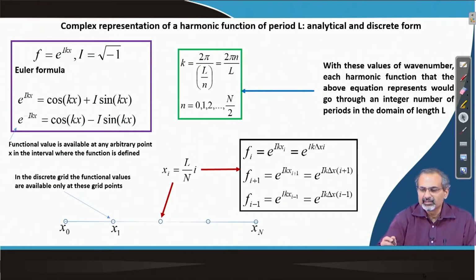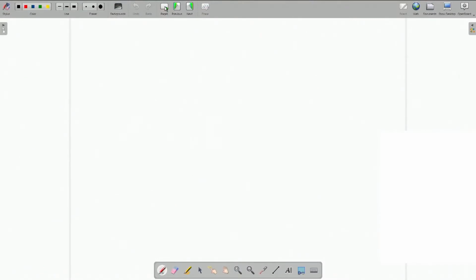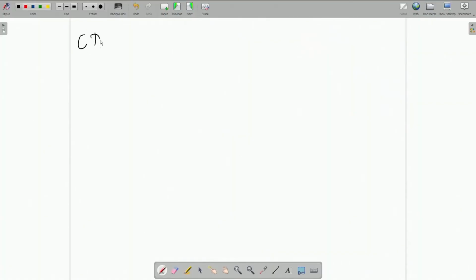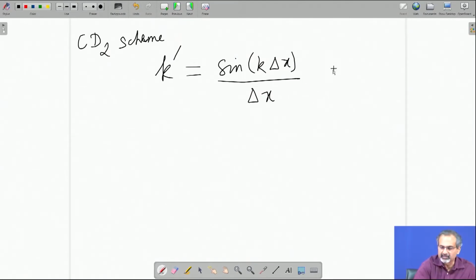So, just to recall, we will write the expression for the modified wave number once more for the CD2 scheme. We found last time that for the CD2 scheme, k dash is equal to sine of k times delta x by delta x.